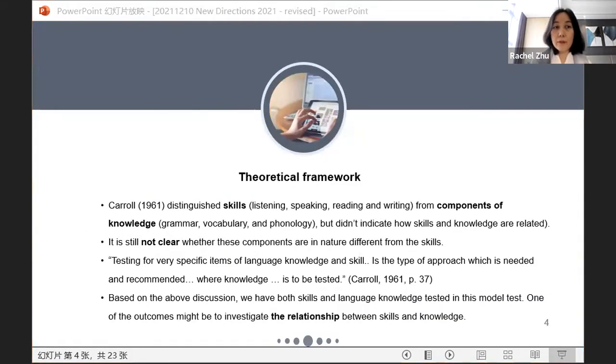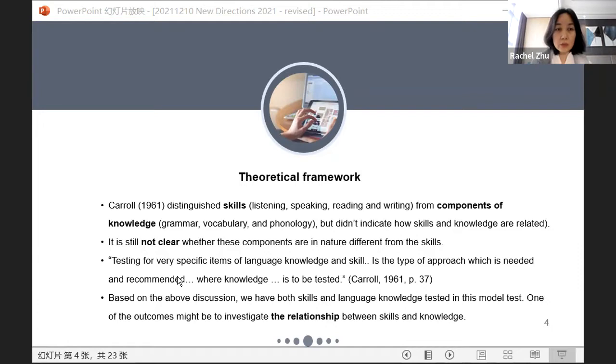The theoretical framework of our study, the English test, is Carroll 1961. Carroll distinguished the skills, which are listening, speaking, reading, and writing, from components of knowledge, grammar, vocabulary, phonology, and so on and so forth. But Carroll didn't indicate how skills and knowledge are related. It's still an unknown question.